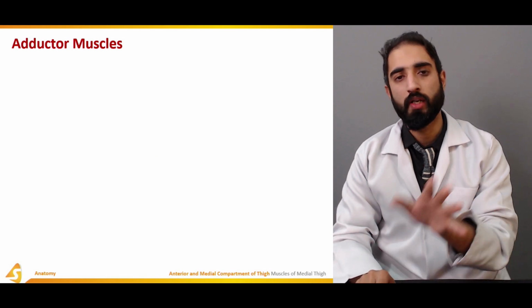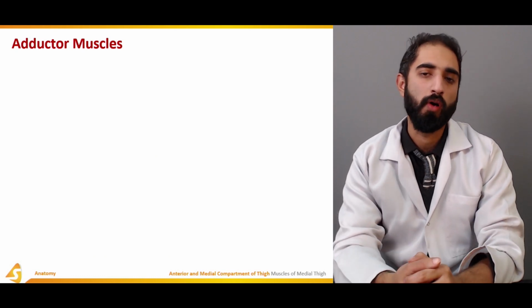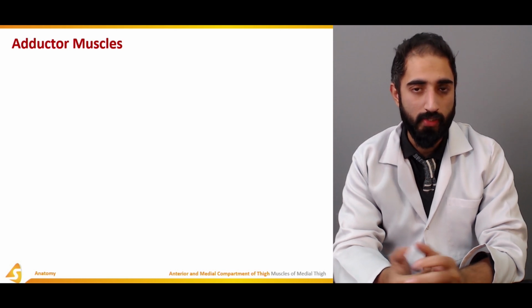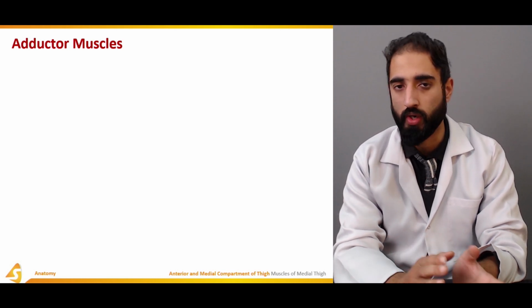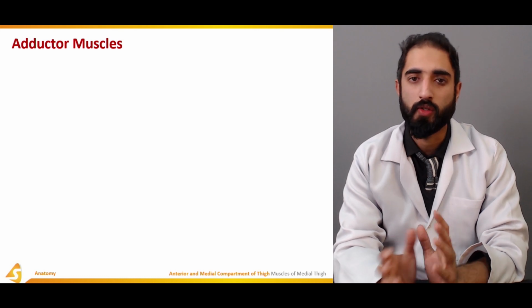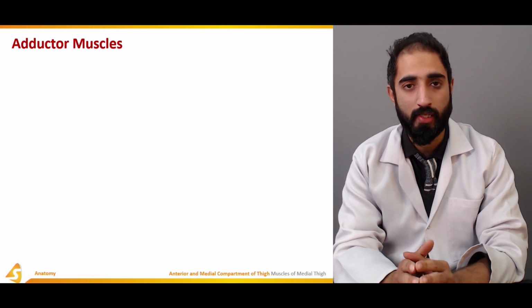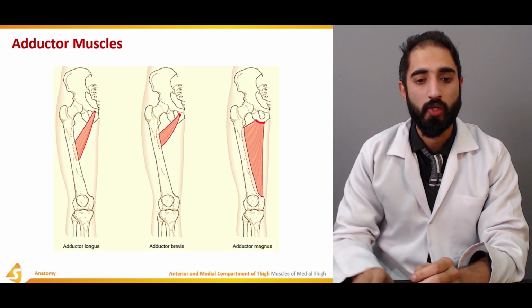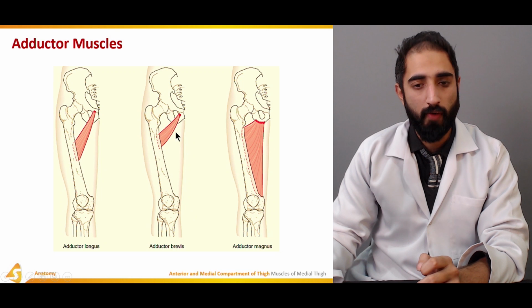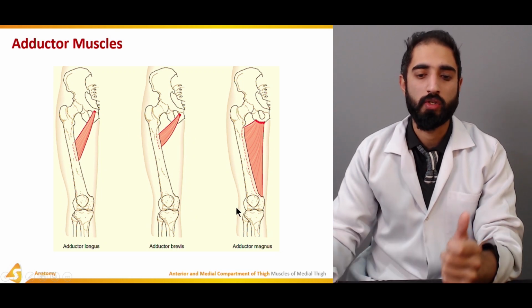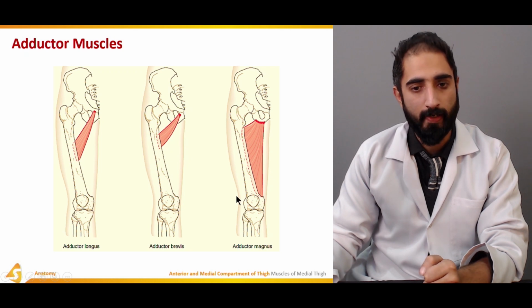Now, talking about the adductor muscles, just like when we talked about the muscles on the anterior aspect of the thigh, we said there is a major group of muscles known as quadriceps femoris, which was a group of 3 muscles. Similarly, the adductor muscles are once again a group of muscles, and it has 3 muscles in it, including the adductor brevis, the smallest one, the adductor longus, and the biggest, which is the adductor magnus.